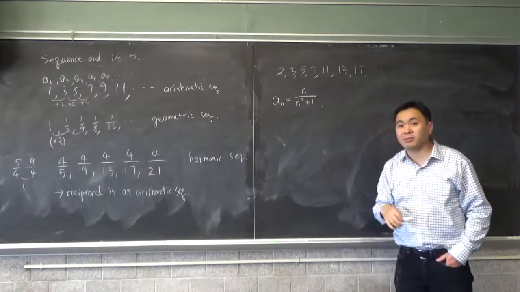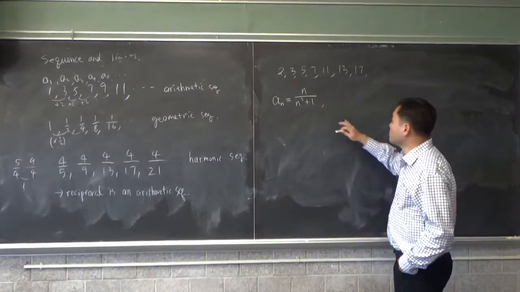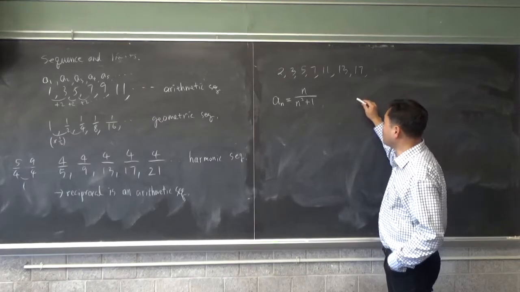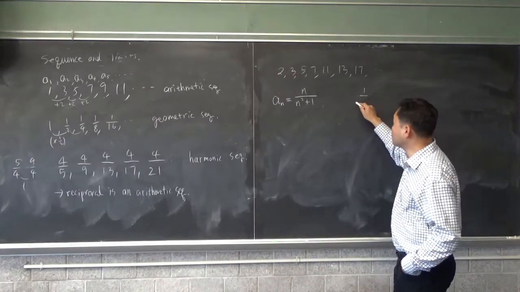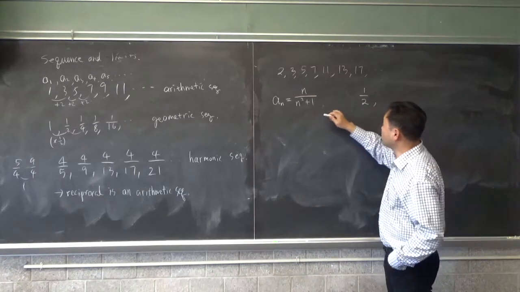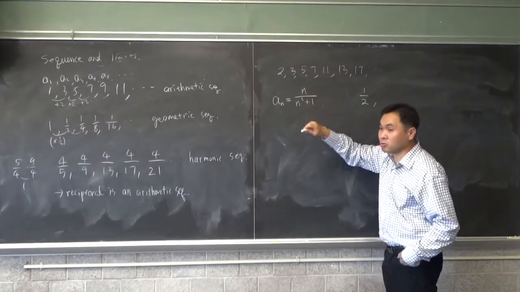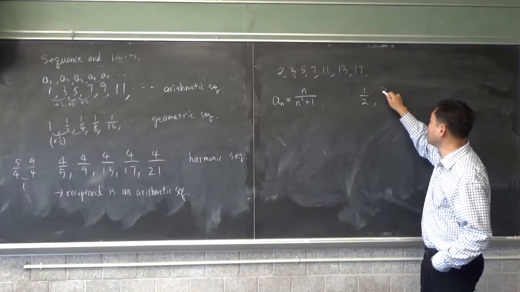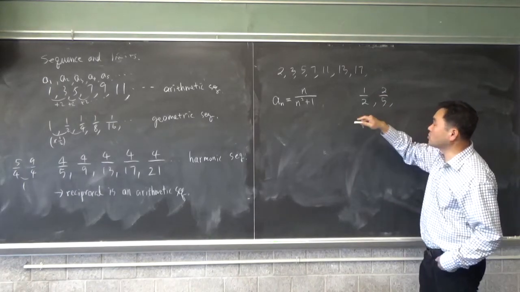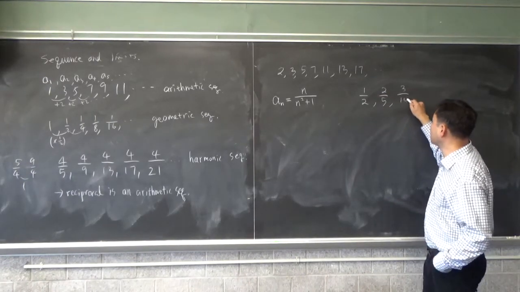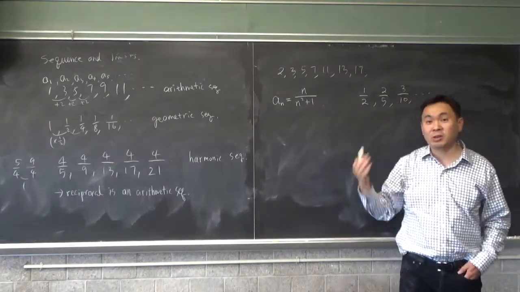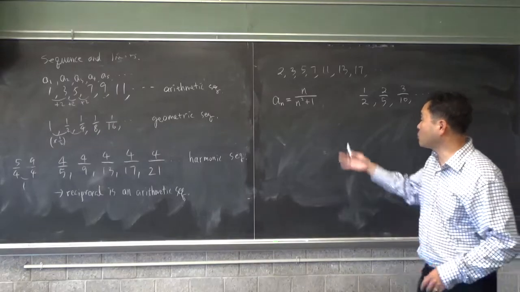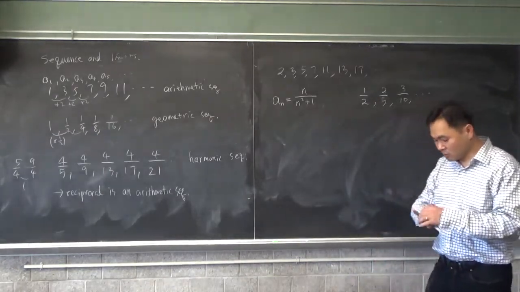Now, what are the terms here? a1 would be 1 over 2. And then a2, if you plug in 2, you get 2 over 5. And then plugging in 3, you get 3 over 10. And so on. So if you give a formula, you can create the sequence. That's one way to define a sequence.